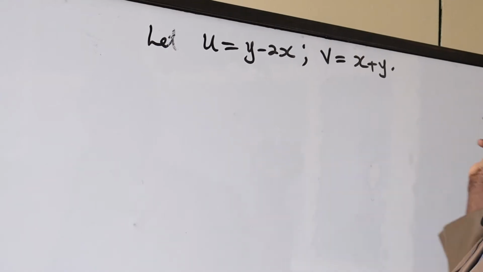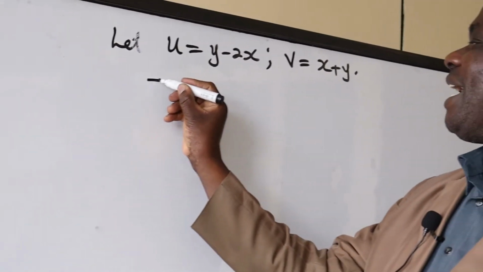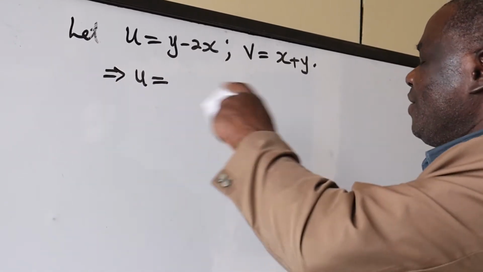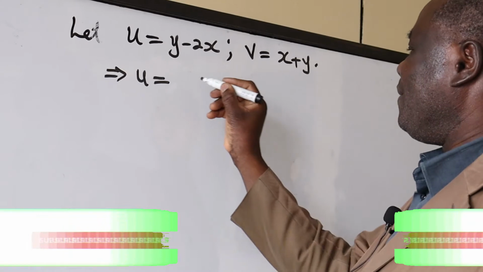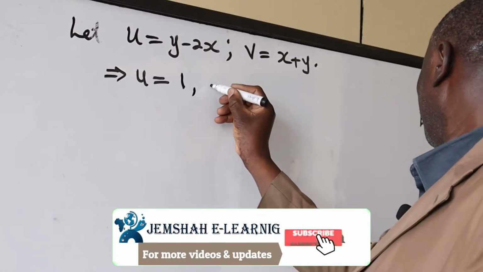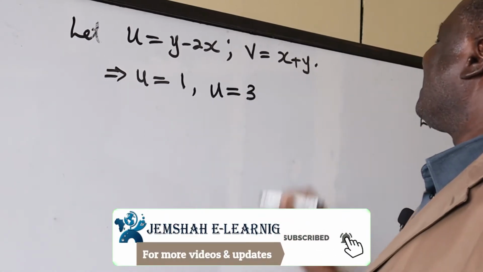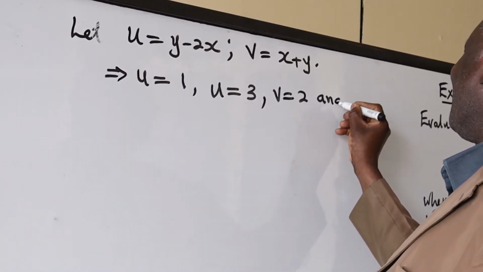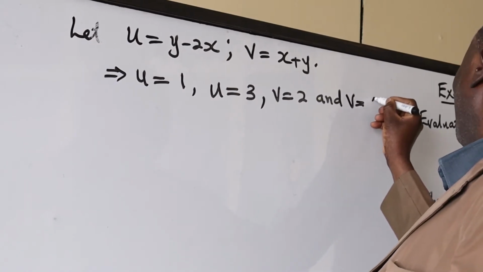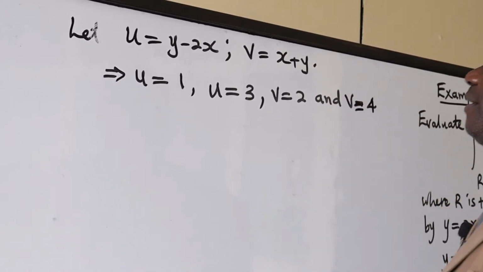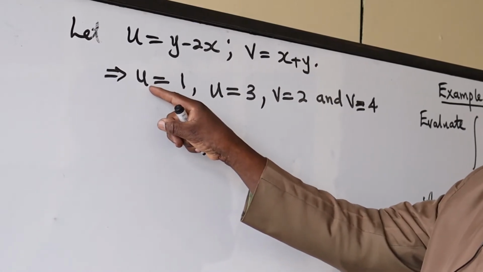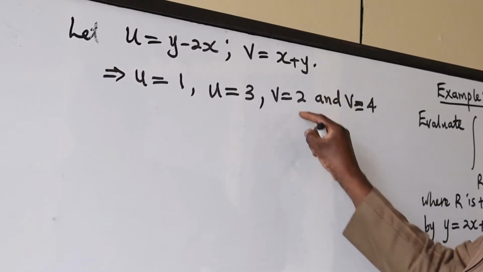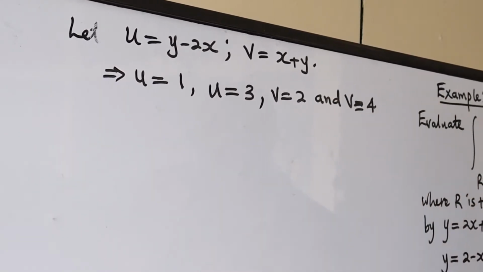If this is the case, therefore this implies our new region: u will be equal to 1, u will be equal to 3, v will be equal to 2, and v equal to 4. So our new region will now be bounded by u equal to 1, u equal to 3, v equal to 2, and v equal to 4.